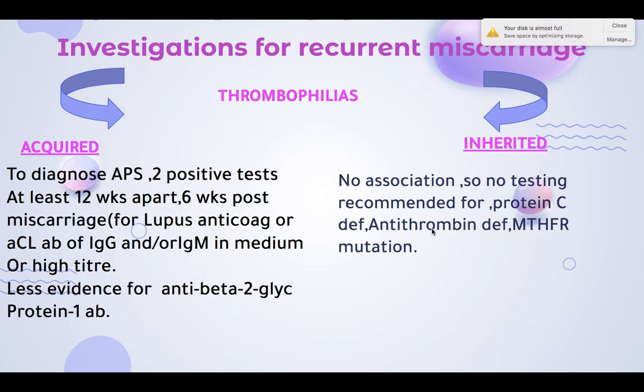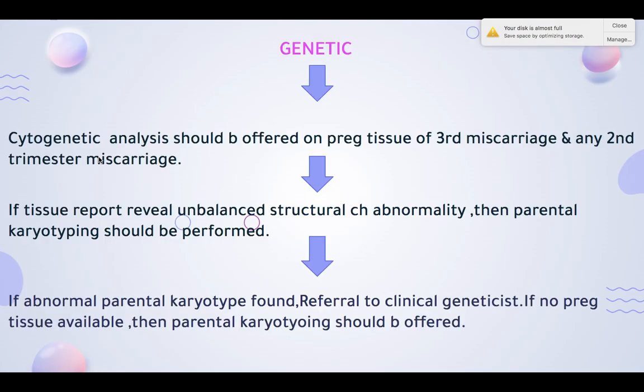Ideally, this should be done in the research context only, because currently there is limited evidence that treatment of inherited thrombophilia can change the reproductive outcome. There is less evidence, so we are not going to test. There is less association. So we are not going to test inherited thrombophilia, mark a big cross over here. And we are going to check for the acquired thrombophilias. I hope I could make it clear.